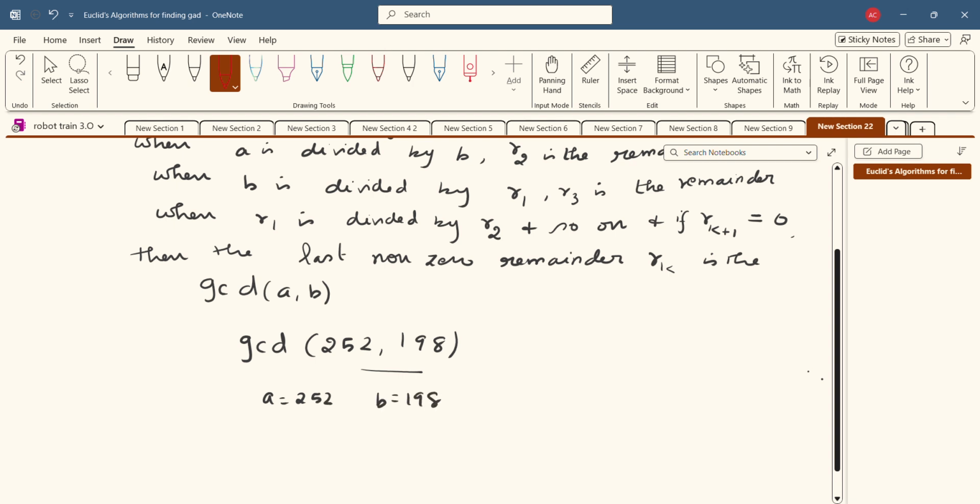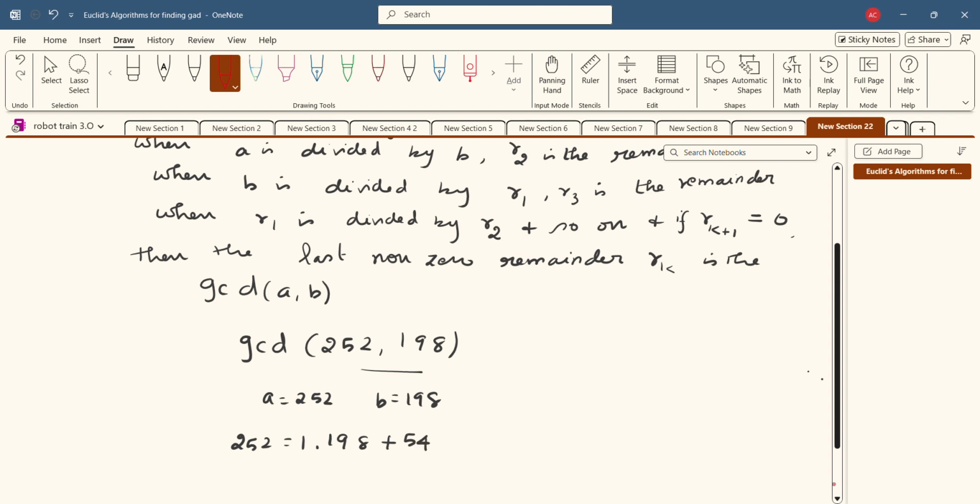Then we apply the division algorithm. How many times does 198 go into 252? 252 can be expressed as 1 times 198, and the remainder will be 54.